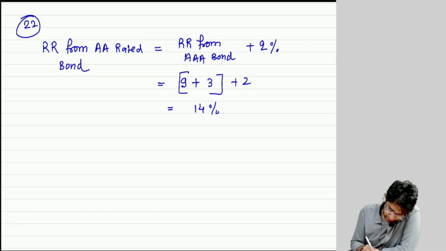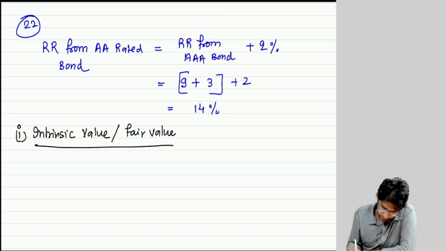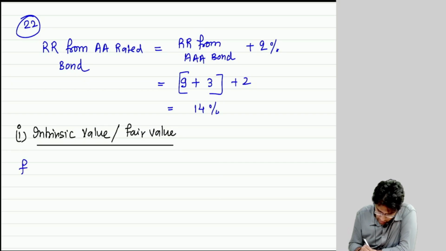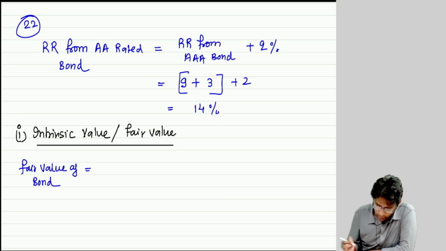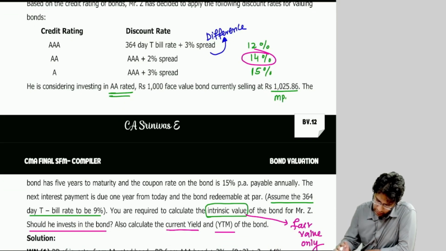First one. Intrinsic value or fair value or equilibrium value or theoretical value, all are the same. Fair value of the bond is equal to, tell me, what are the coupons? 15% on 1000.